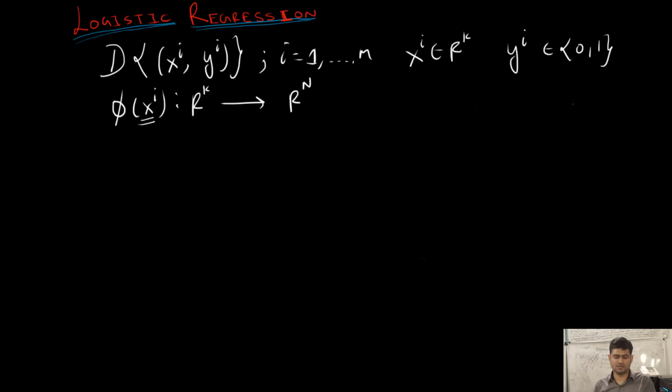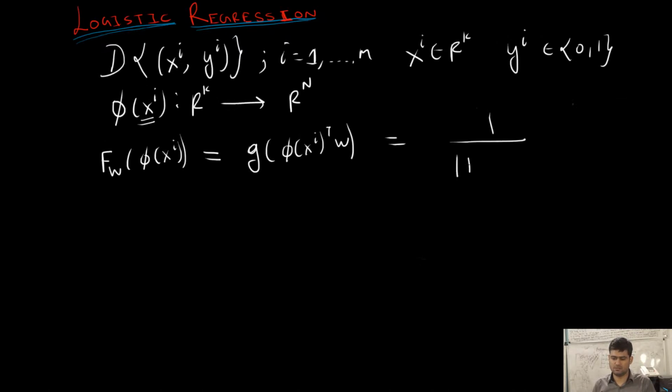So we also consider that the function that we are going to use for learning the mapping f_w of phi of xi is a logistic function, which is 1 over 1 plus e to the power negative of phi of xi transpose times w.